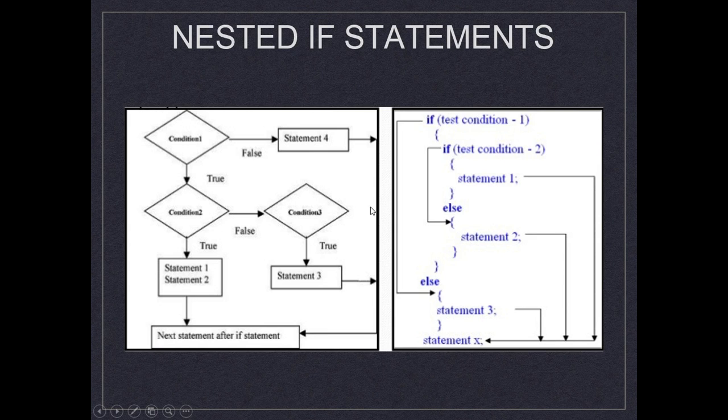If we make one decision, then, since you made that, I can ask another question. So it's saying, if this is true, then I have one more question for you. If that's true, then I'm going to give you a statement. If that's not true, then I have an else case for that that's still inside of the original if. So there are two questions inside of this one question.